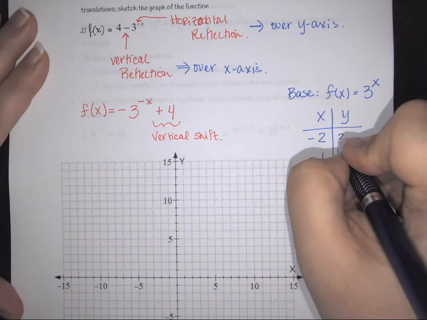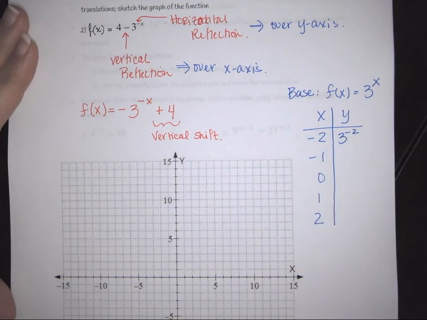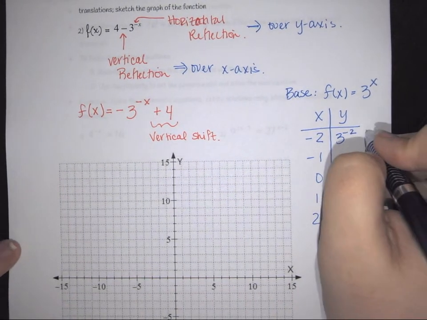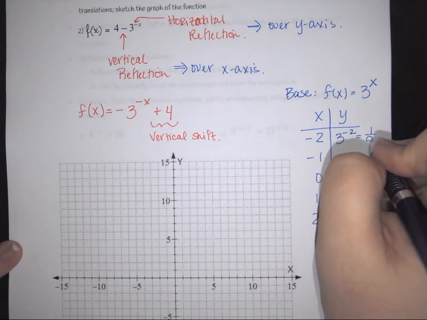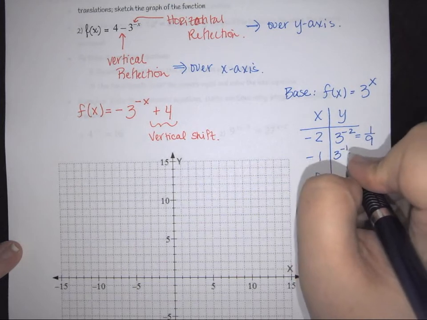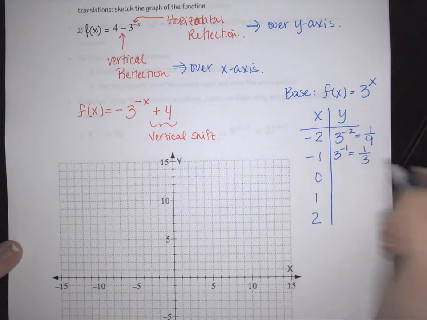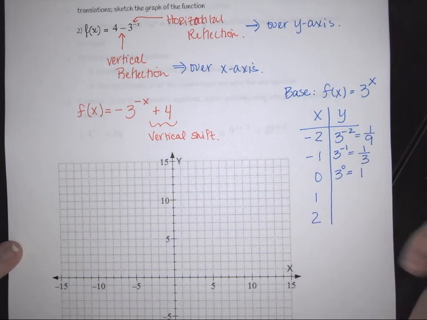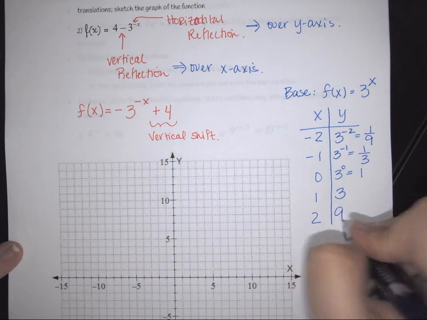And here I'm doing 3 to the -2. Okay. So we know that that is going to be 1 over 9 because we have to flip it. So this is 1 over 9. Then I have 3 to the -1st is going to give me 1 over 3. 3 to the 0 gives me a 1. 3 to the 1st is 3, and 3 squared is 9.